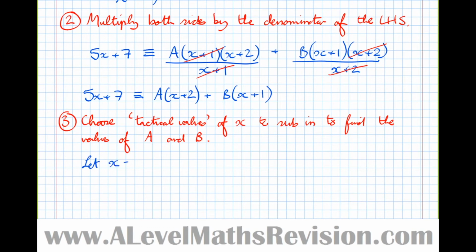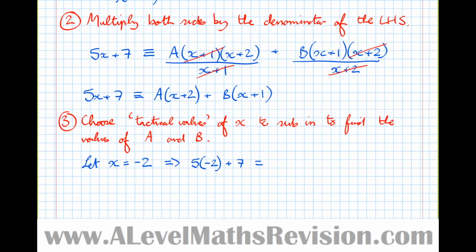Let x equal minus 2, because that's a sensible value to sub in. That makes one of the unknowns disappear, which means that 5 lots of minus 2 plus 7 equals, no longer an identity because I've subbed in specific values.